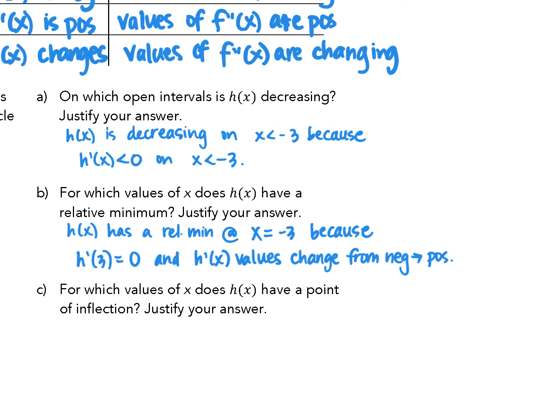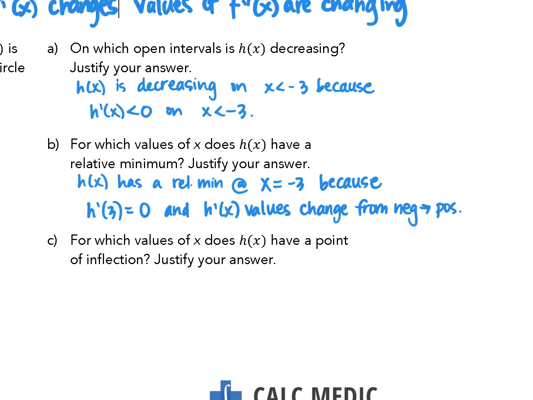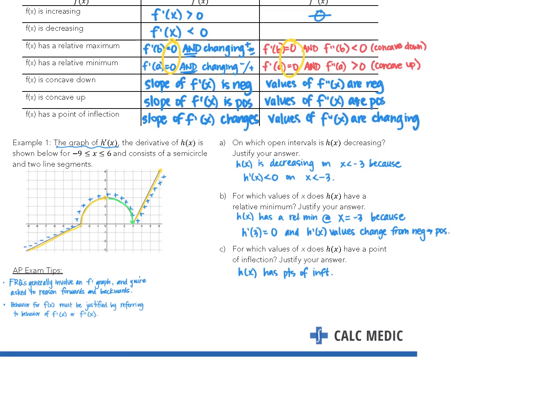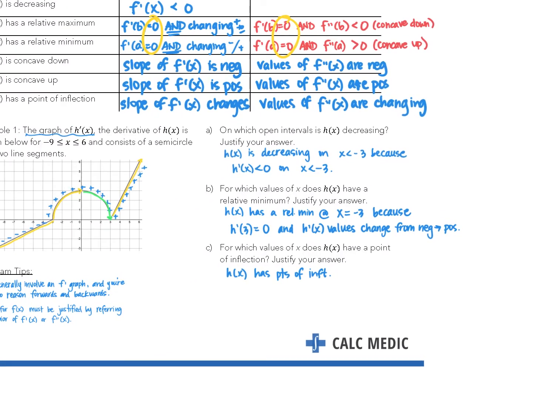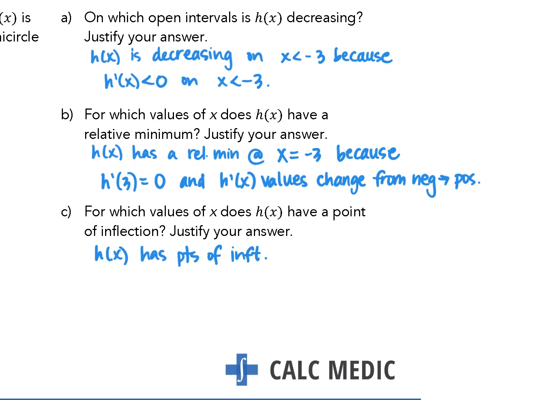All right, where does h have a point of inflection? All right, well, it has 2 points of inflection, where we changed from yellow to green and then back to yellow again. So it's going to have a point of inflection at 0 and at 3. All right, so we stated where, because, and now we state why.